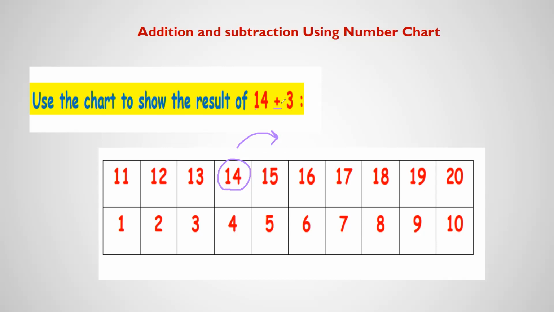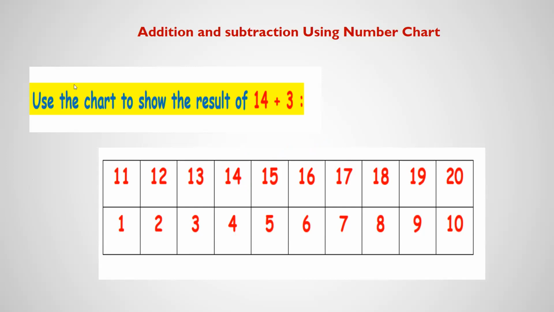How many steps can you see here? It's 3. So we are going to jump 3 steps. So stop on 14, start to jump 1, 2, 3. So you are going to find that you are now stopping on 17. So 14 plus 3 equals 17.